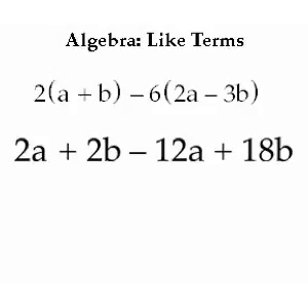Signs are different, so our answer is going to be negative. 6 times 2 is 12, so we're going to have a negative 12a. Then we have negative 6 times a negative 3b. Negative times a negative is positive, so 6 times 3 is 18, so we're going to end up with a positive 18b. So we'll have 2a plus 2b minus 12a plus 18b.